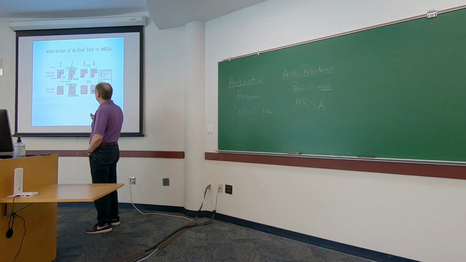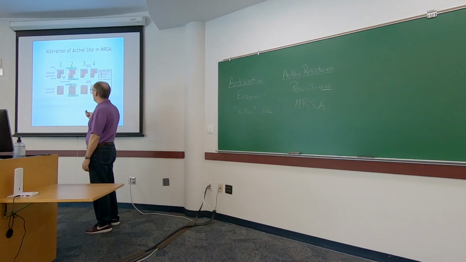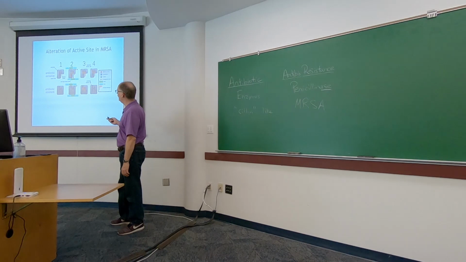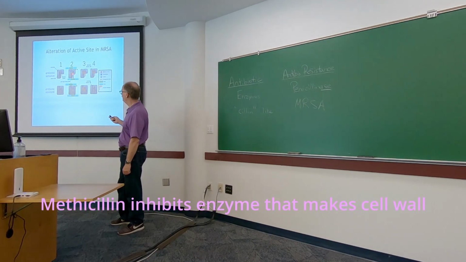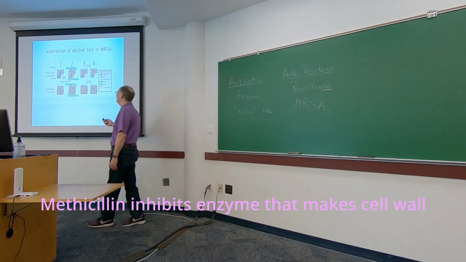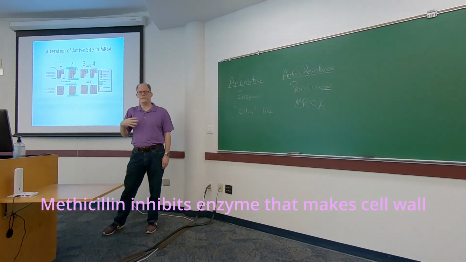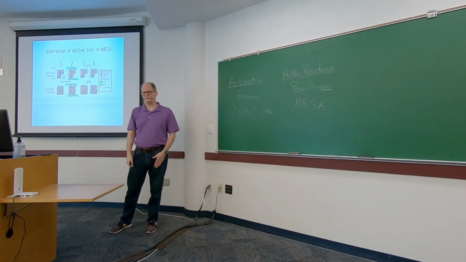So this is a component of the cell wall here, and in order for this enzyme to put the cell wall components together, they have to bind to the active site. It's actually the cross-link, the peptide that it's cross-linking. But if you give the bacteria methicillin, or methicillin-like antibiotics, then they stick to the active site of that enzyme. That would inhibit cell wall synthesis.